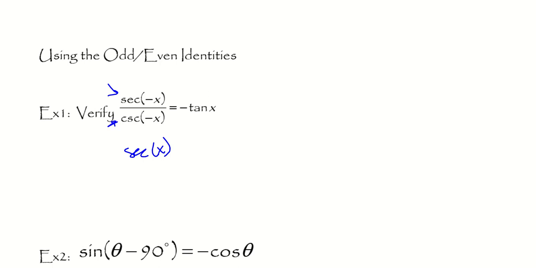Cosecant is 1 over sine. That's odd. So the cosecant of negative x is the same thing as the opposite of the cosecant of x. So I have applied, right, to go from here to here, I used my odd-even identities. Now, I want to get this to negative tangent.